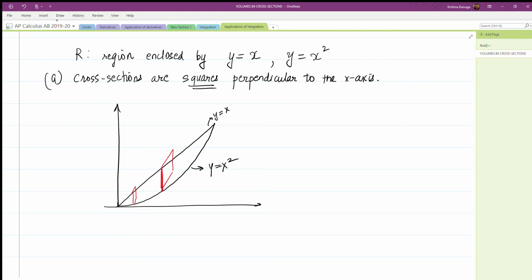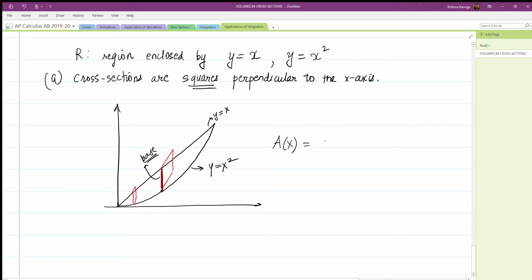Again, the procedure to finding the volume is pretty straightforward. First, we find the area of the cross section of the solid, and since it's perpendicular to the x-axis, I'm just going to write A as a function of x. To find the area of the cross section, we need to know the length of the base of this solid. The base is clearly the function y equal to x minus the function y equal to x squared.